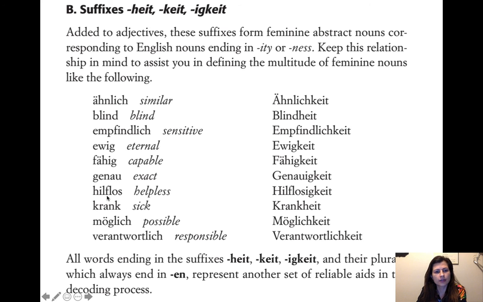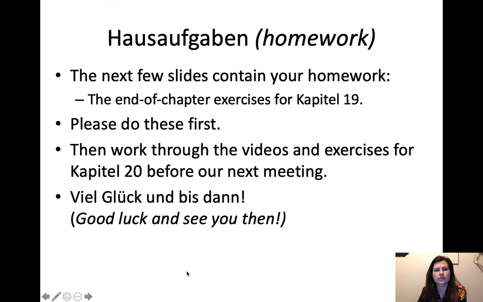And then hilflos, helpless, Hilflosigkeit, helplessness. Krank, sick, of course. And then Krankheit, sickness or illness. Möglich, possible. Möglichkeit, possibility. Verantwortlich, responsible. Verantwortlichkeit, responsibility. So the plurals are always going to be the -en on those suffixes.